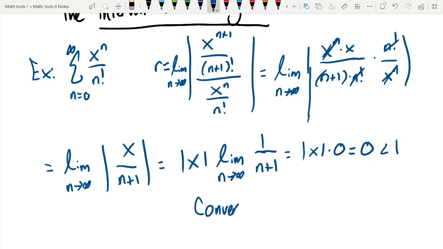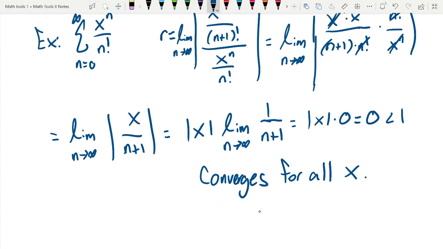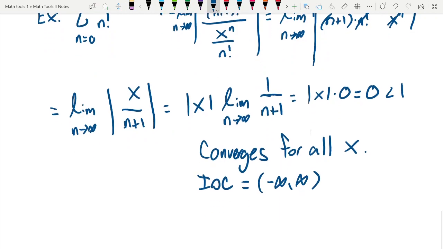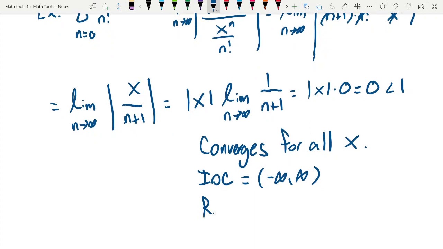And because it doesn't matter what the value of x is, this converges for all x. Okay. So the interval of convergence we would say is negative infinity to infinity. You might say IOC, interval of convergence. Radius of convergence, or you might just call it R, is equal to infinity. Okay.